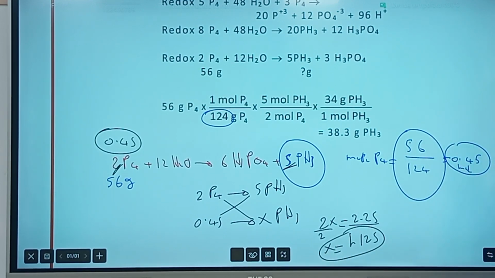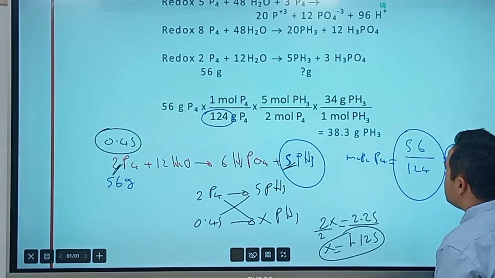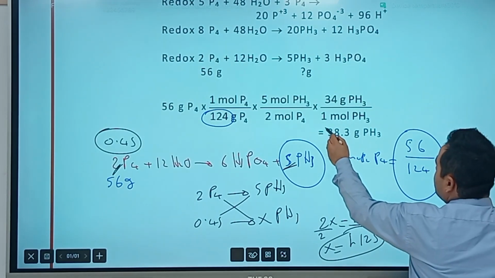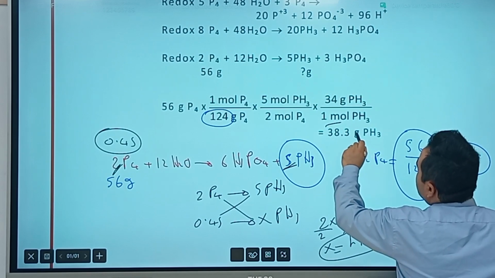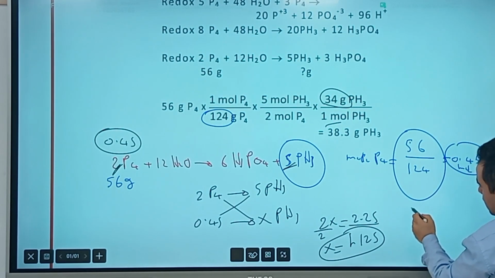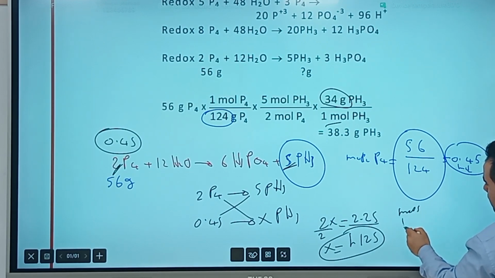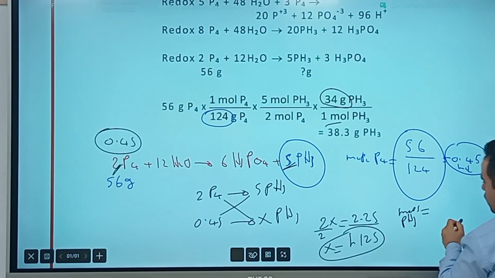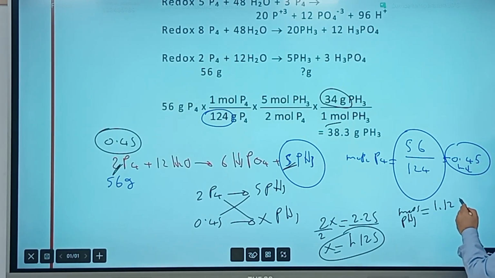This is the mole of phosphine. The mole of phosphine must be multiplied by its molar mass, which is equal to 34. The mass of phosphine PH3 equals 1.125, which is its mole, multiplied by 34 grams per mole, which is the molar mass.